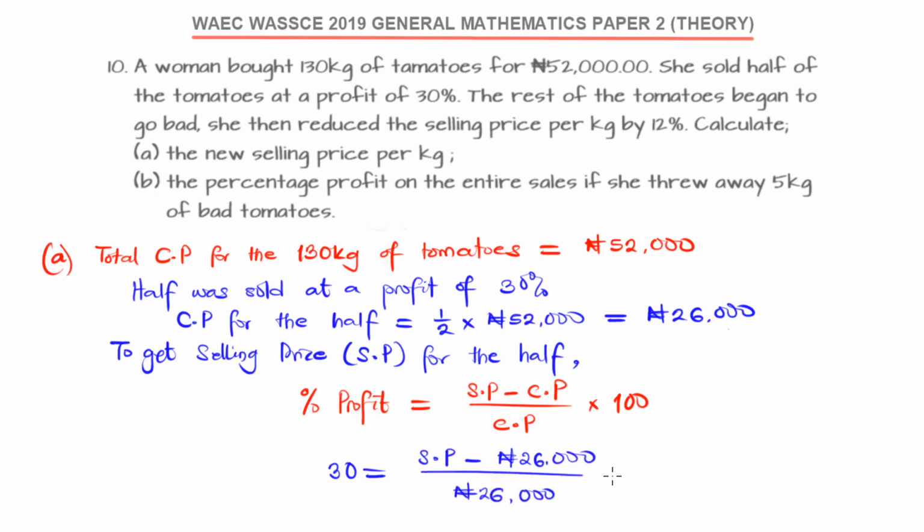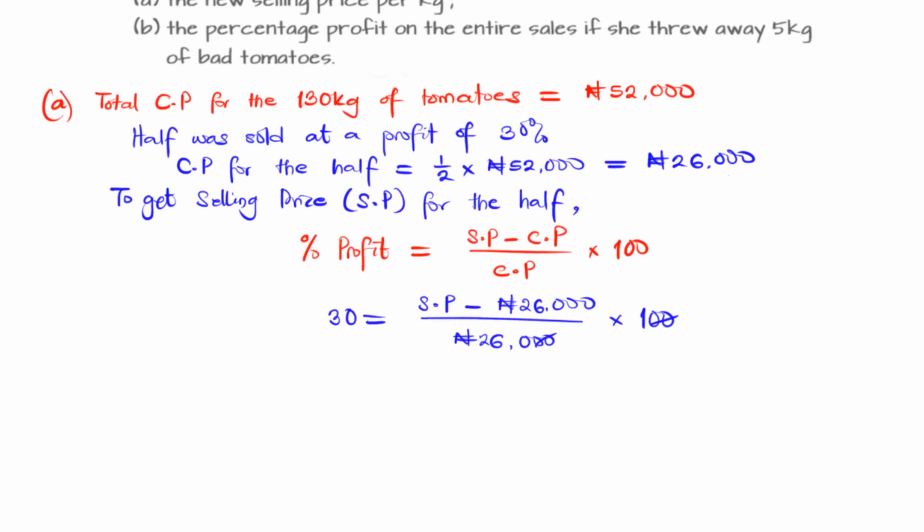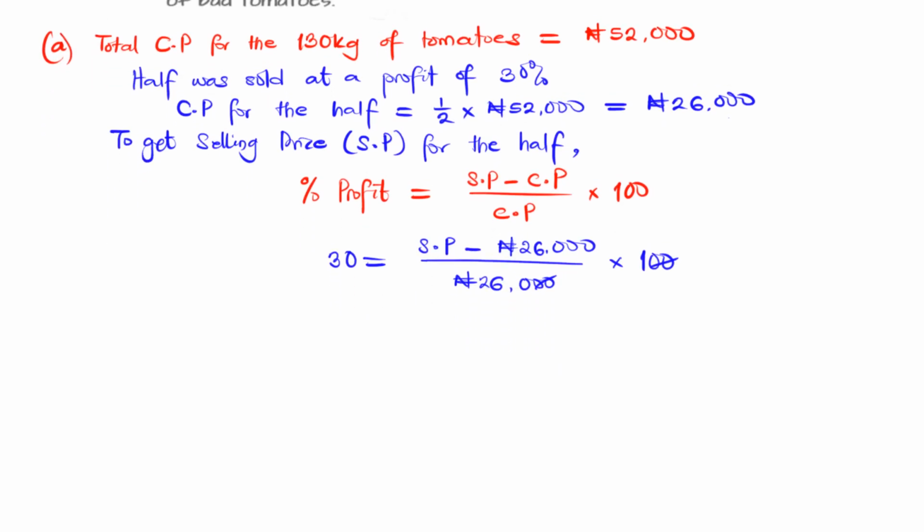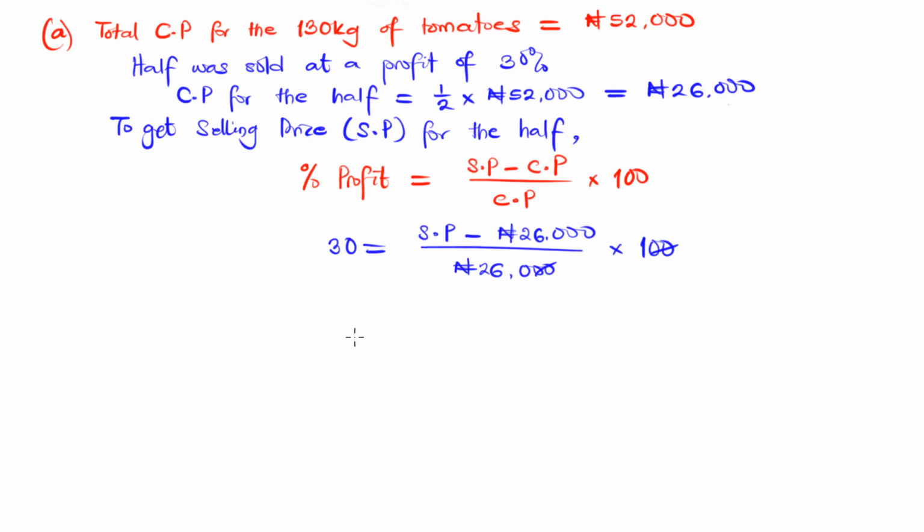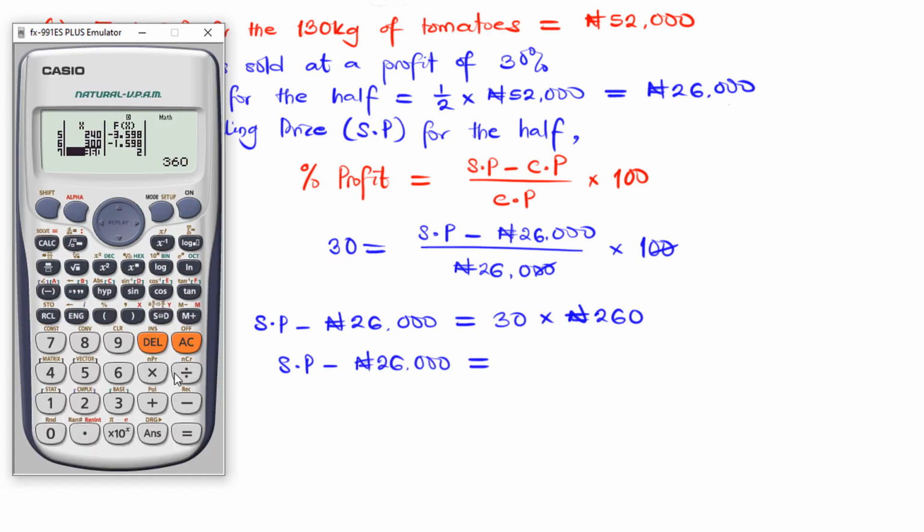So if we just cut out our zeros here, we are going to have that the selling price minus 26,000 is equal to 30 times 260 naira. So that means selling price minus 26,000 naira is equal to what's 30 times 260? On our calculator, 30 times 260.